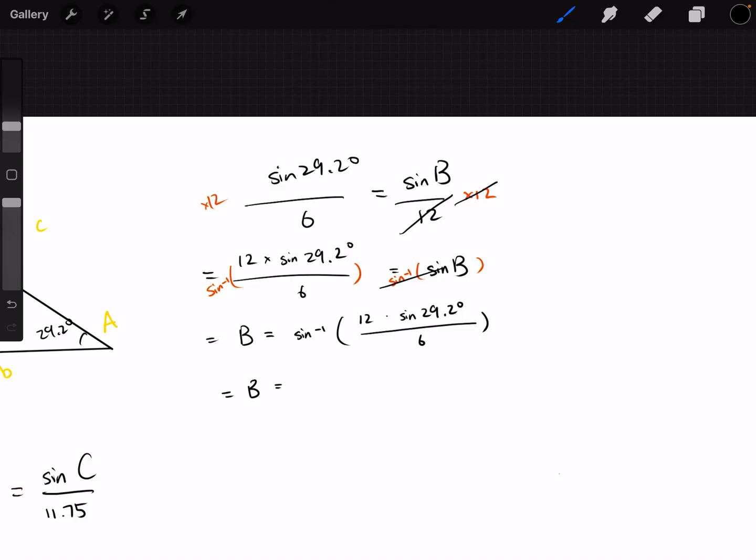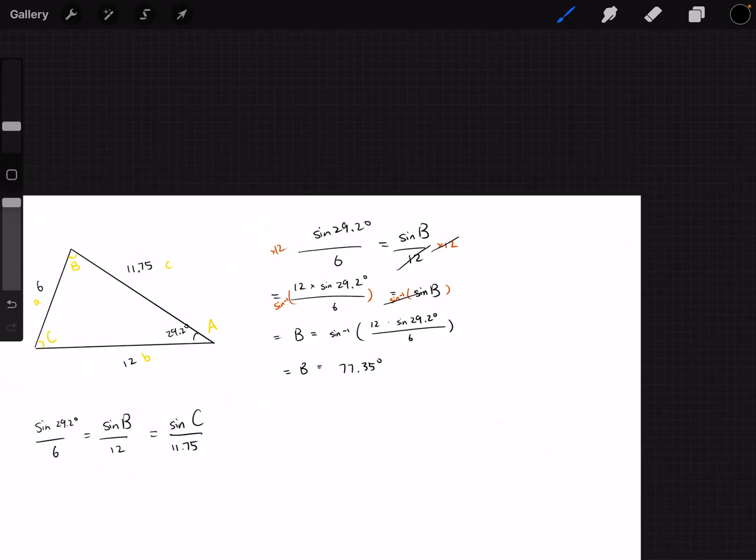Let's see. Inverse sine of, I should probably do a bracket, 12 times sine 29.2, close bracket, divide by 6, is 77.35 degrees, and I rounded it to 2 digits.